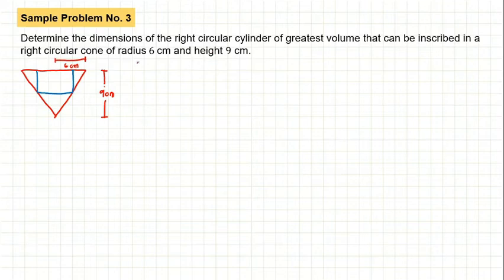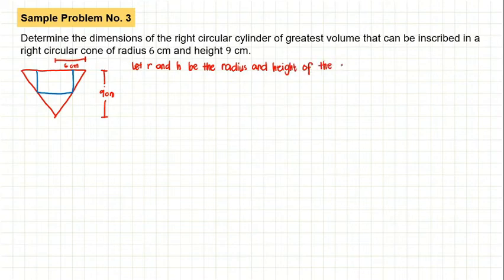So first, we let R and H na lang be the radius and height of the right circular cylinder respectively.